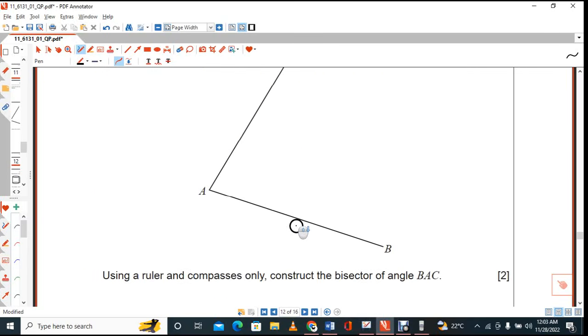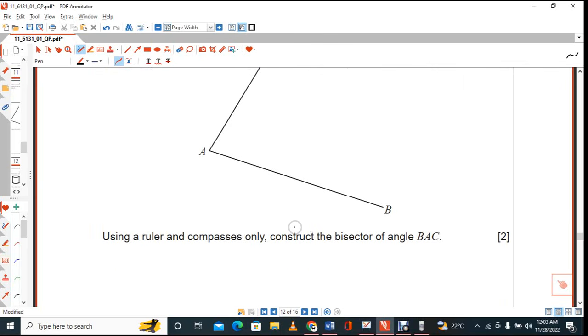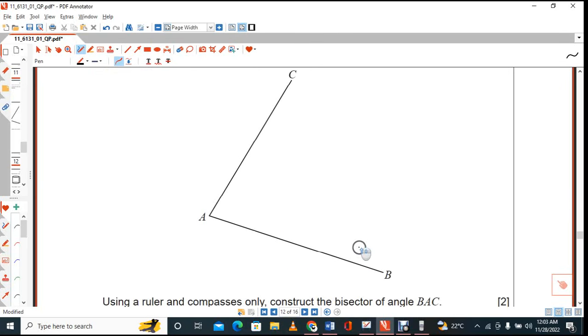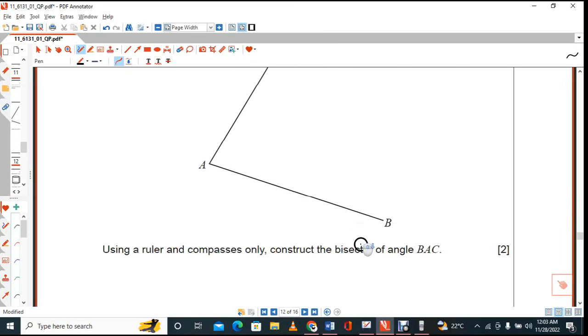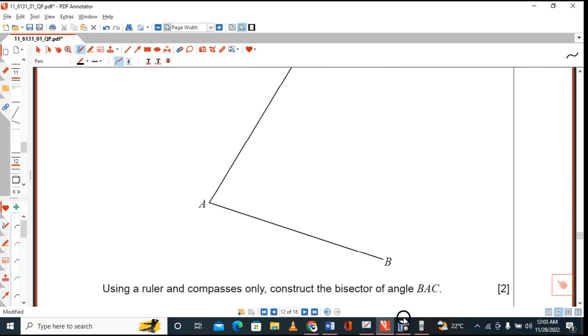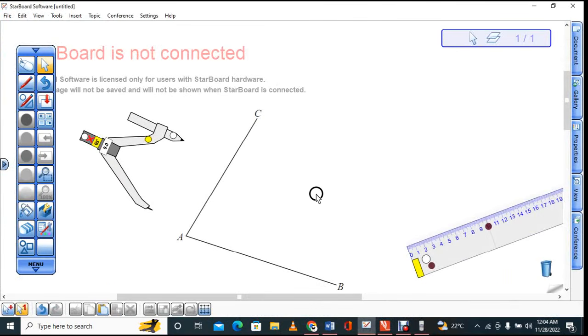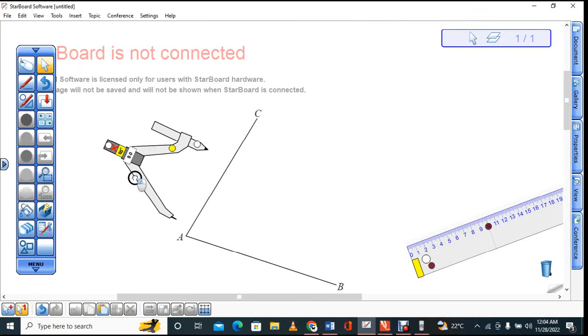Right, this question says use a ruler and compasses to construct a bisector of angle BAC. So we're going to have to cut that angle in half. All right, let me use some of the software I have. So this is the angle BAC. So we take our compass, maybe we put it over there.